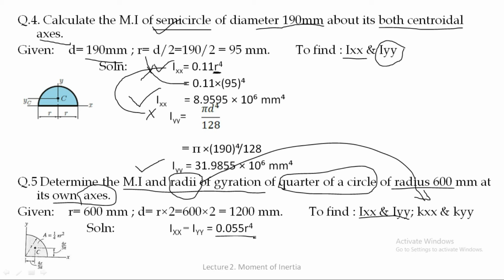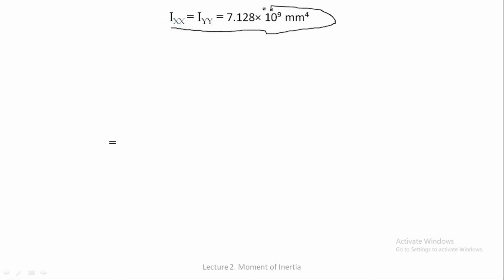So putting the value of radius, 600 mm, in this formula, we will get the value of Ixx. As both are the same, Ixx is equal to Iyy, and that is equal to 7.128 into 10 raised to 9 mm raised to 4.